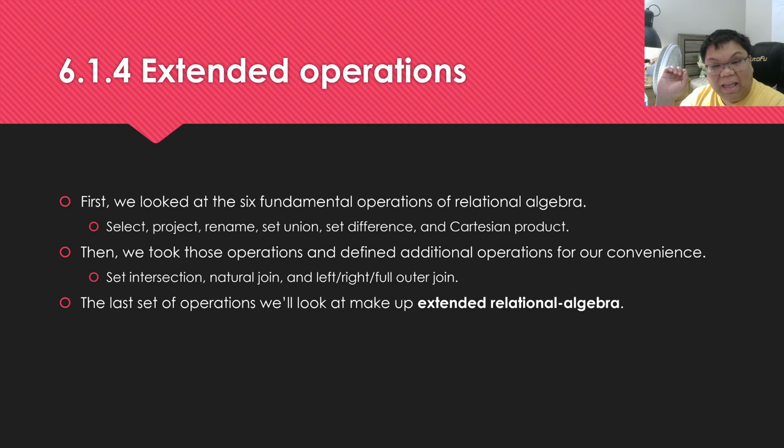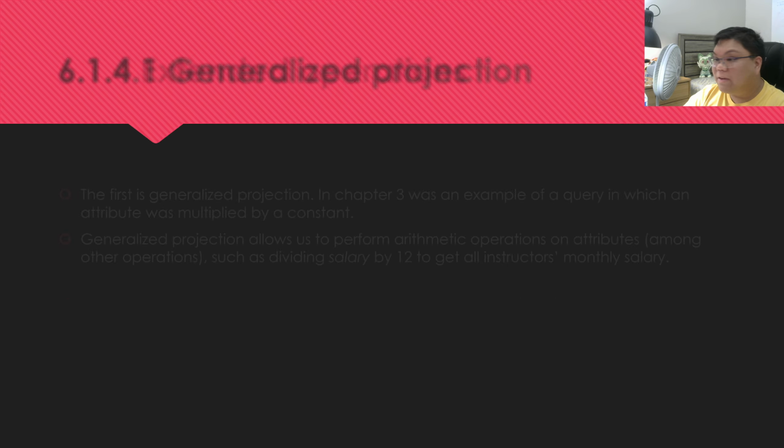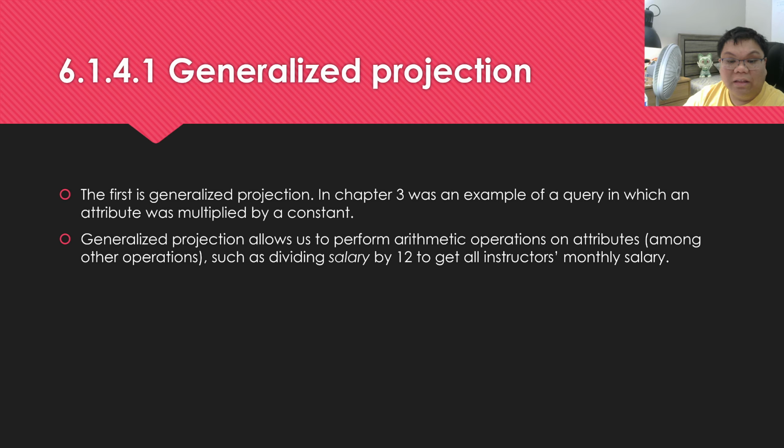So I made a little bit of a lie. Relational algebra can express every query that we can think of, but it requires a few extensions for us to achieve that. The first one is generalized projection. Previously, we saw a query in which we multiplied one of the attributes by a constant.